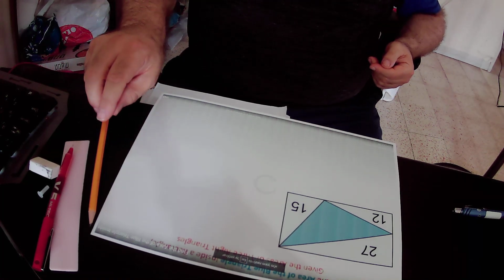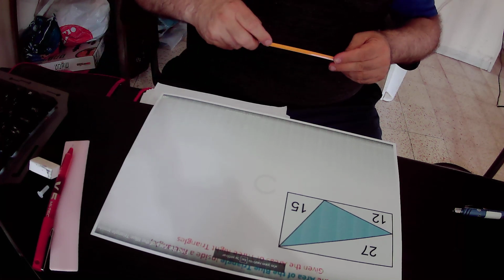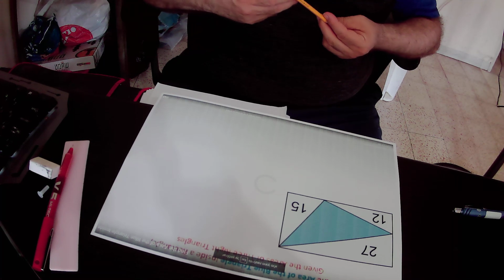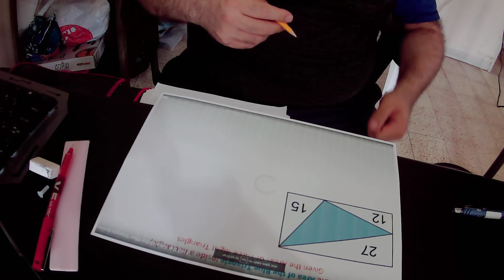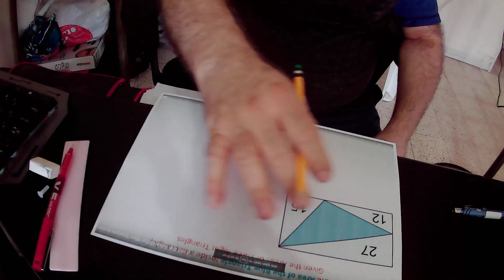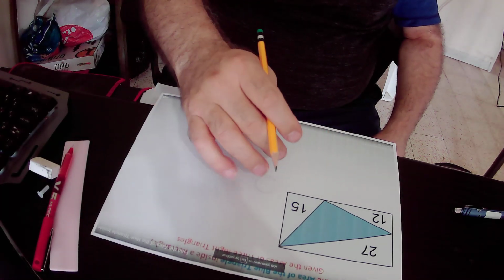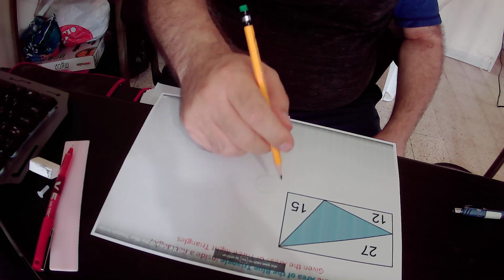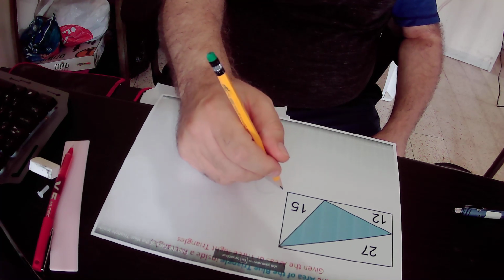Okay, so let's set the width of the rectangle as variable a.